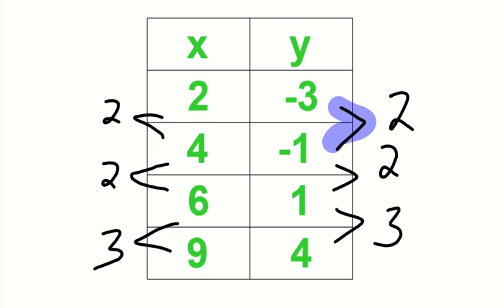What it is is a ratio between the y and the x's, okay? So we'd have 2 over 2. What is 2 over 2? 2 over 2 is 1. So if I have the y over the x, that makes it 1.